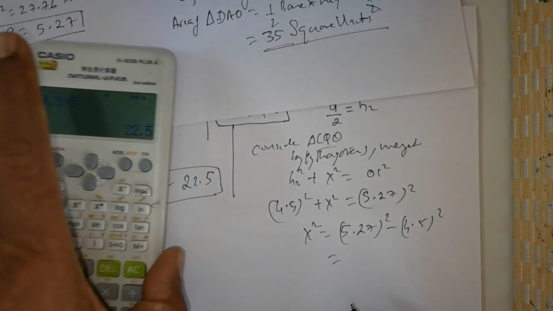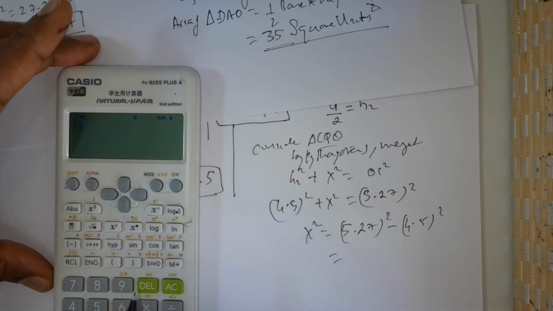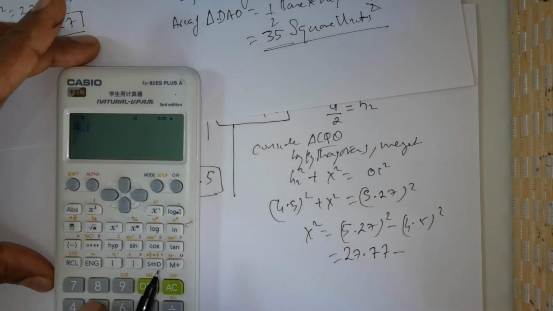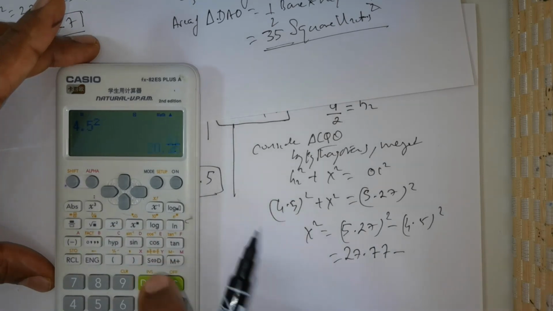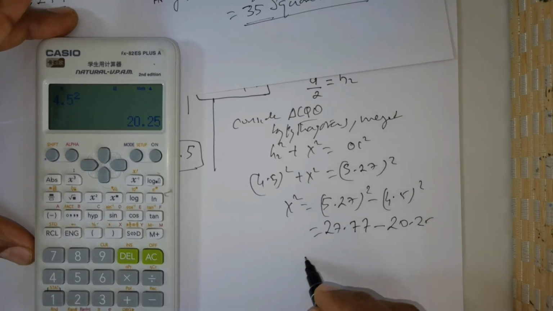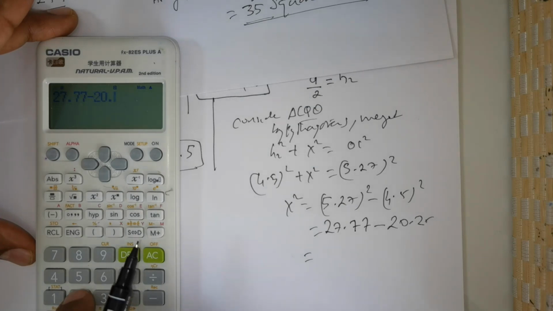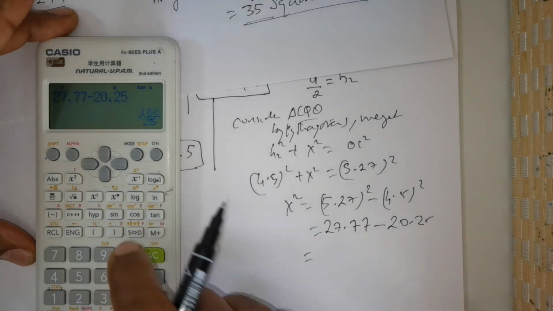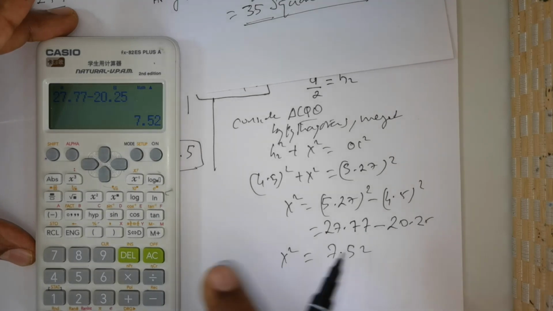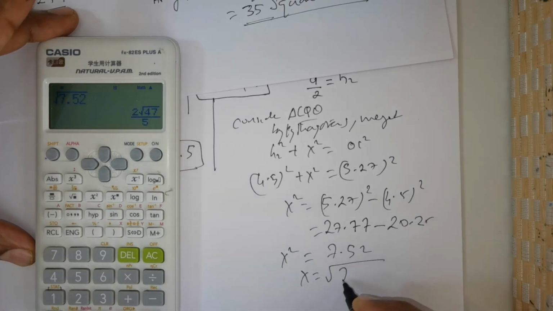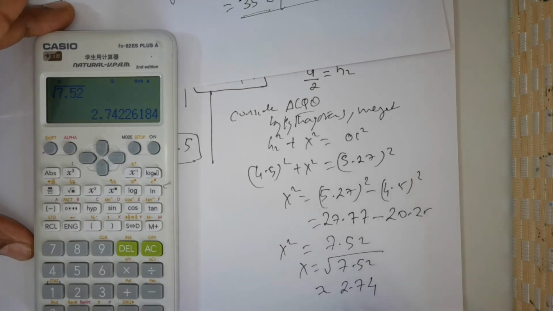So we need to use the calculator. 5.27 squared is 27.77, minus 4.5 squared, that is 20.25. 27.77 minus 20.25 gives me 7.52, and x is equal to the root of 7.52, which is approximately 2.74 units.